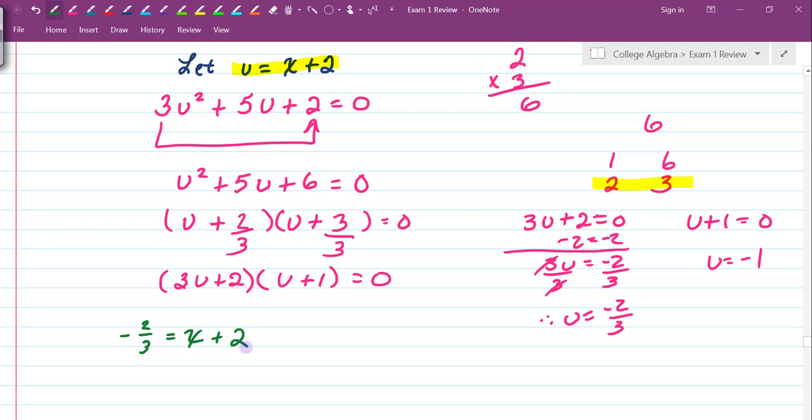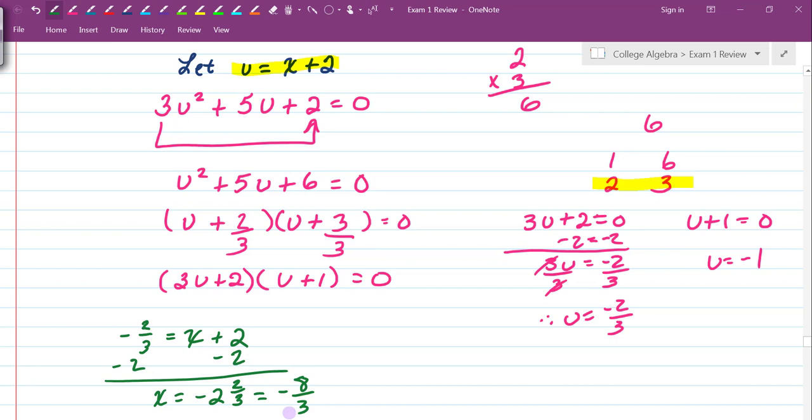And we can subtract 2 off of each side, and we end up with x is equal to negative 2 2/3. So x is equal to negative 2 2/3, which is the same thing as negative 8 divided by 3.